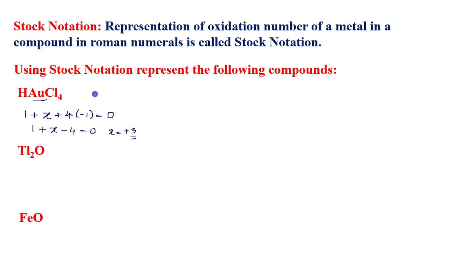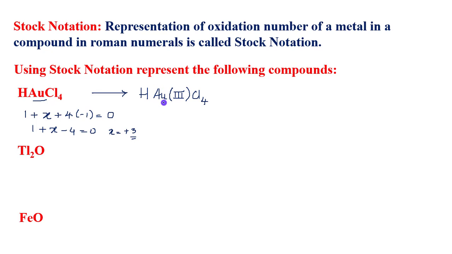So when you write its stock notation, we write it as HAu, and in small brackets you mention the Roman number III, like this. This is the general method we write, and this method we call the stock notation method.